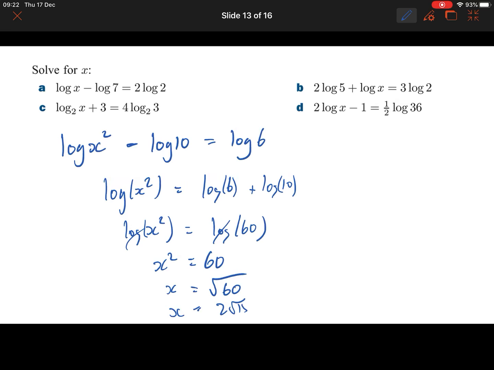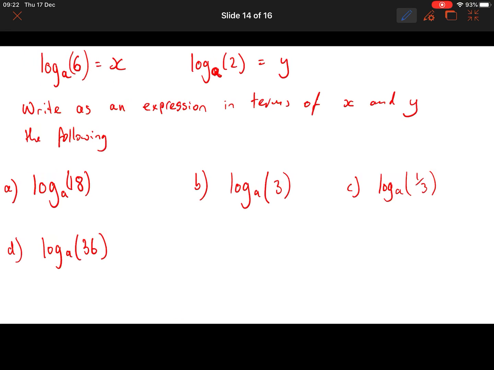X equals the square root of 60. Okay, which is what? 2 root 15 if we simplify that. 2 root 15. Now, actually, you might be saying, okay, couldn't it be plus or minus? Well, actually, no. Logs can't take a negative value of x. Okay, and you'll see why in a future video.